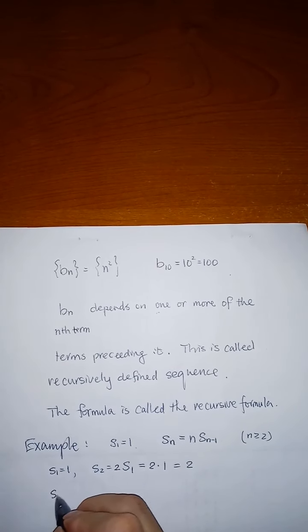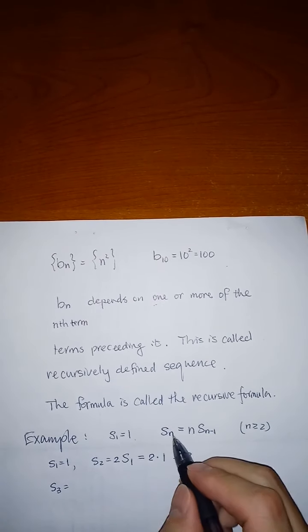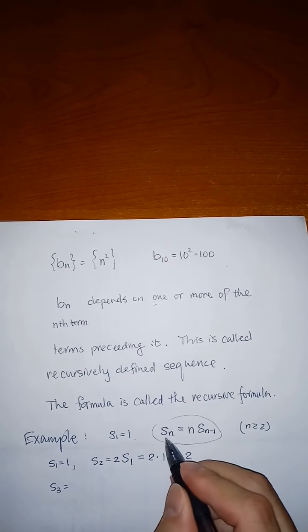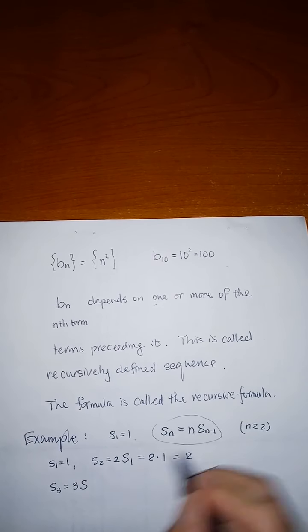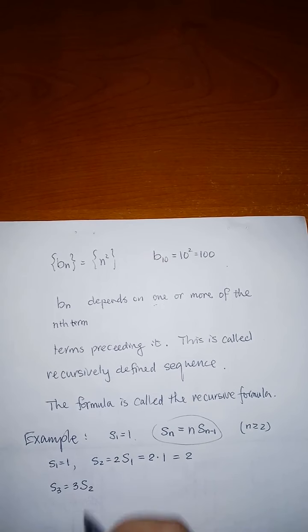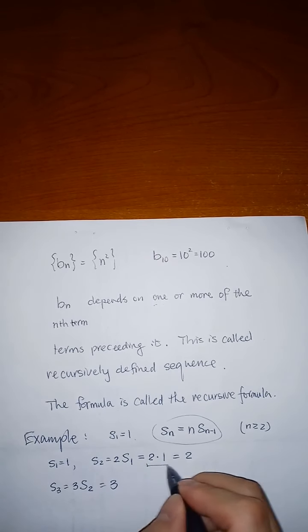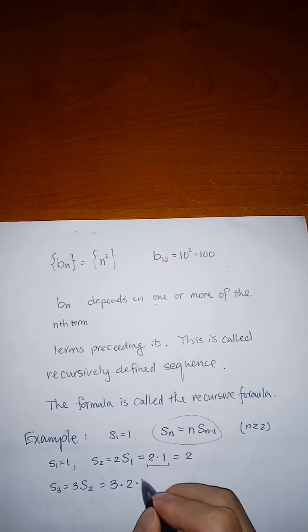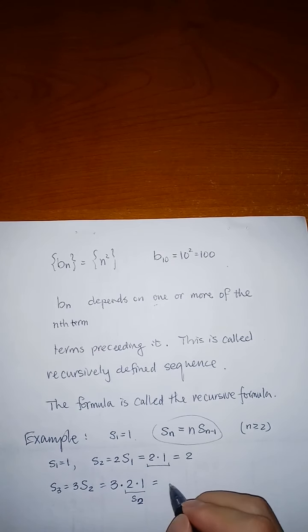And S3: you still follow this pattern. Sn is n times Sn minus 1, so S3 is 3 times S2. S2 is 2 times 1, so it's 3 times 2 times 1, which is 6.